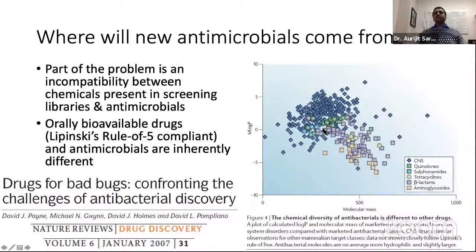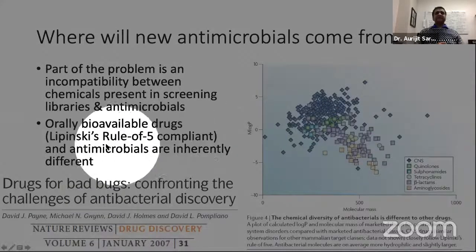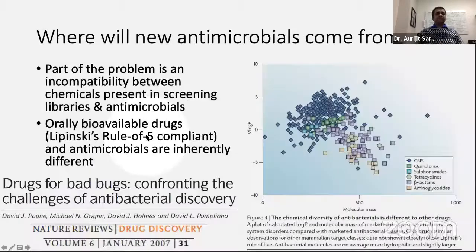And what you observe is that there is a distinct shift in the properties of antimicrobials, which only partially overlap with the typical drug-like chemical. Those of you who already know about drug-like chemicals, these are also known as chemicals that are compliant with Lipinski's rules of 5. The rules are basically to do with hydrophobicity, size, and the number of hydrogen bond donors and acceptors.